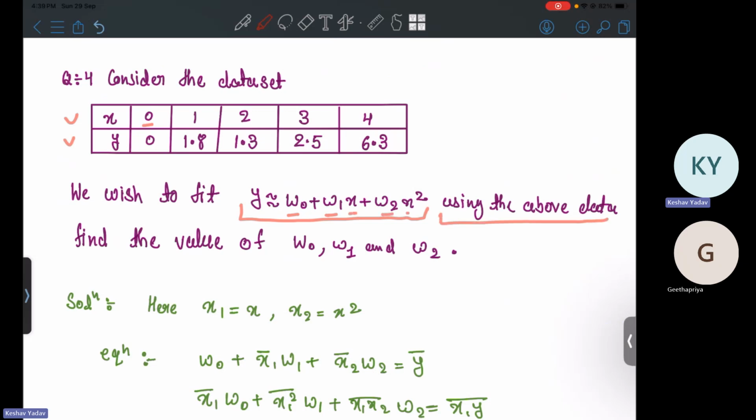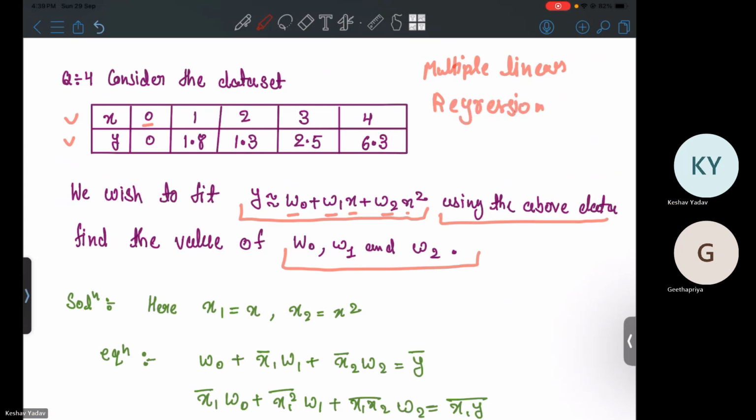Using the above data, we want to find out the w0, w1, and w2. So we'll use the multiple linear regression fit, right? This is what we'll do.